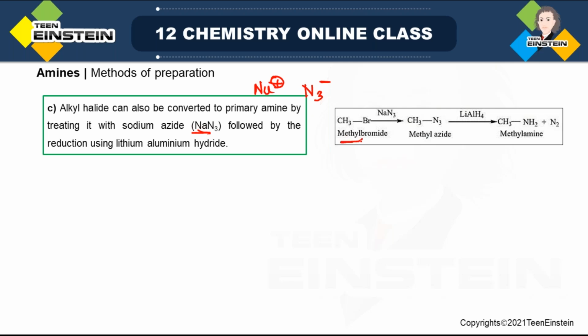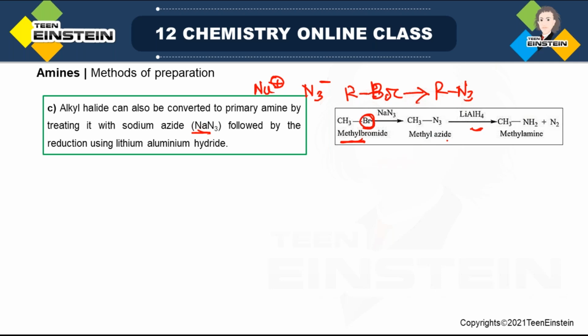So first we have taken methyl bromide, which is an alkyl halide. You are treating it with NaN3. Br is replaced by the ion N3-. We are getting methyl azide. You can also consider the general expression, which will be RBr, or it may be RX also. RBr will be converted to RN3, and then the reducing agent used is lithium aluminium hydride.